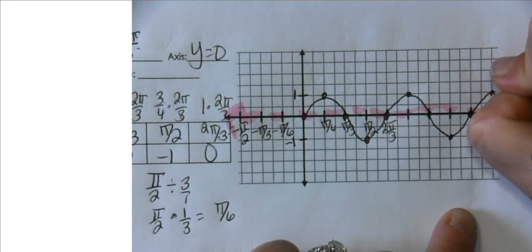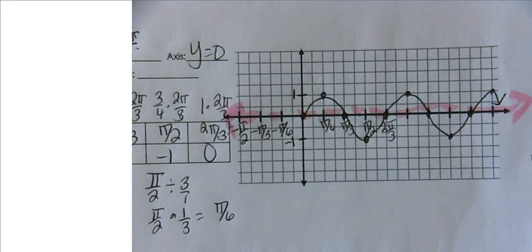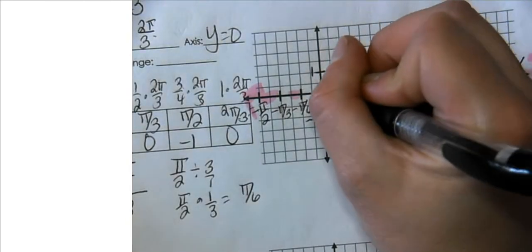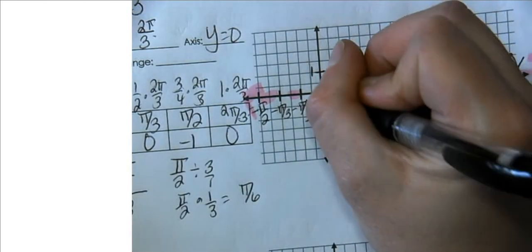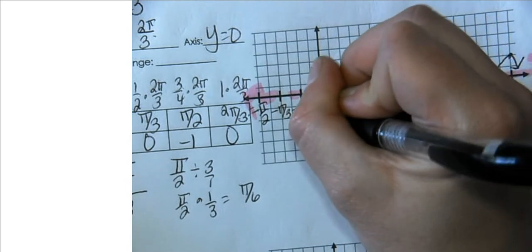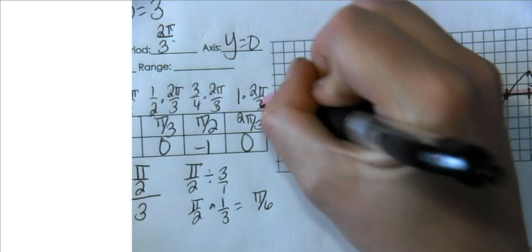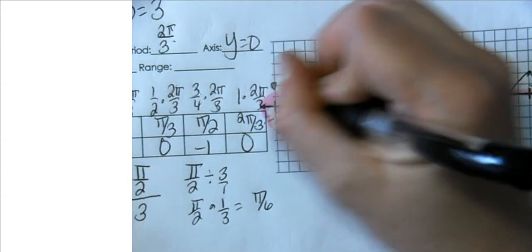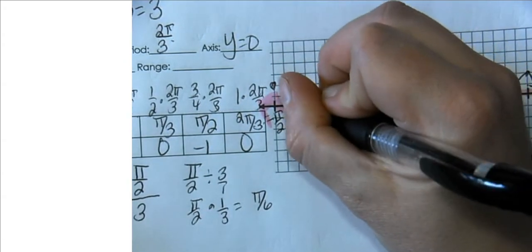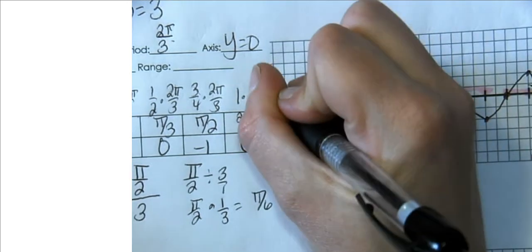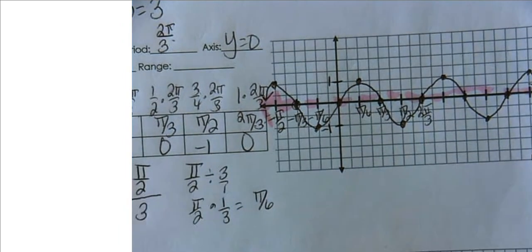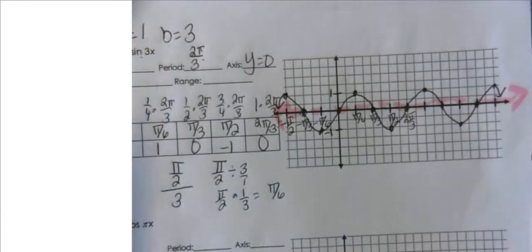And I anticipate that my next point is going to be pointing down. Going backwards, I'm at 0 and I was already up, so I don't want to go up again. I need to go down to -1, then up to 0, and then up to 1. I've reached 1, so my end behavior will be pointing down. And that is the graph of sine.